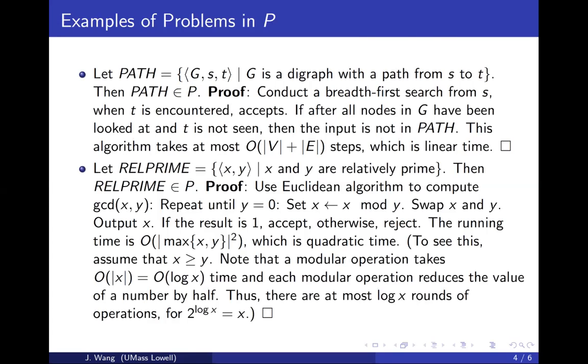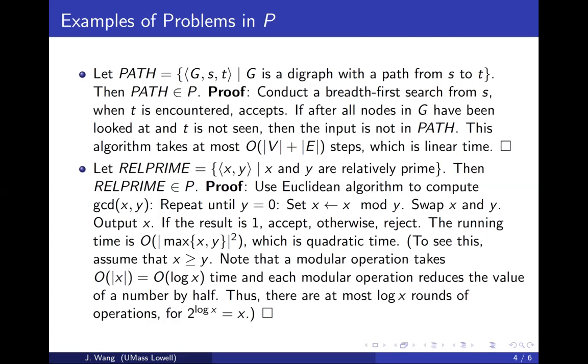So today we're going to see 3 problems in the setting of decidable languages that are in P. That means that we will represent a problem in the form of a language. Now we define the first example.